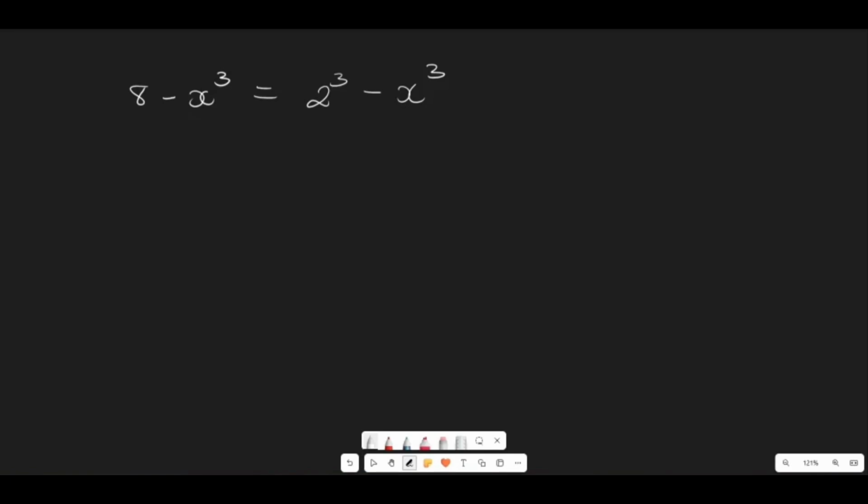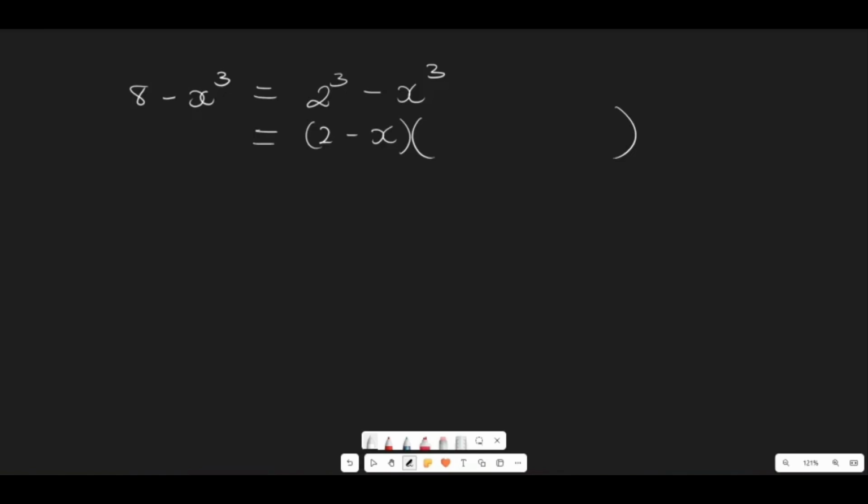You may answer the question. Can I answer that? Yes, you may. So what I think is that, since it's a difference of 2 cubes, we're going to open 2 brackets. The first one is going to be small, and the second one is going to be large. In the first bracket, we're going to put 2 minus x.